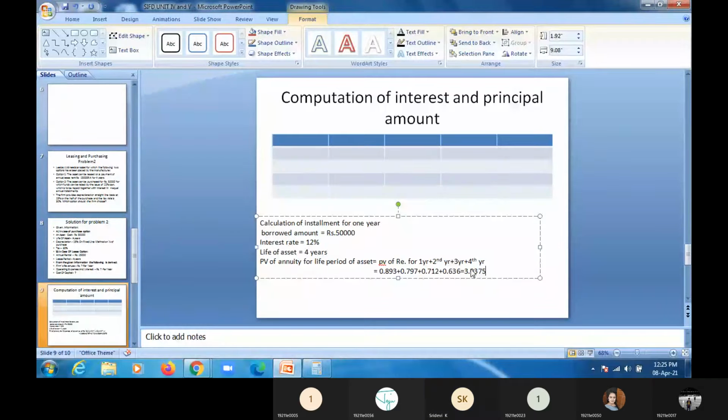Okay, so now you can calculate the installment. Installment amount is equal to borrowed amount divided by present value of annuity for 4 years.